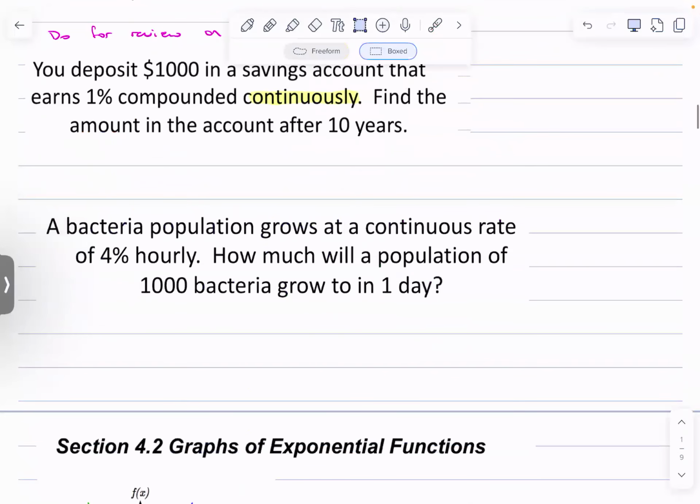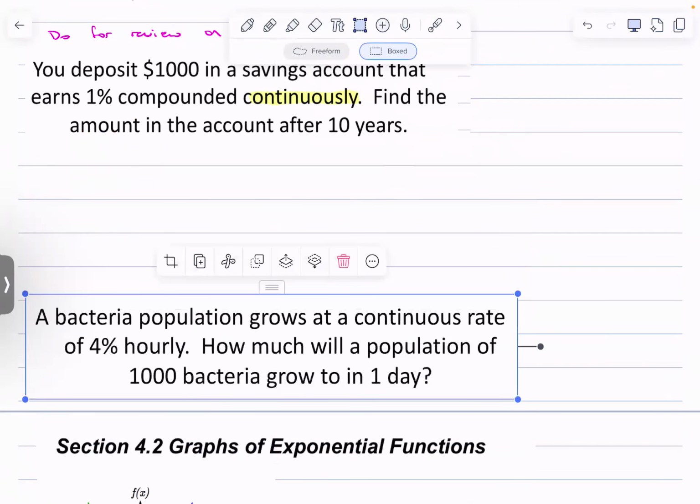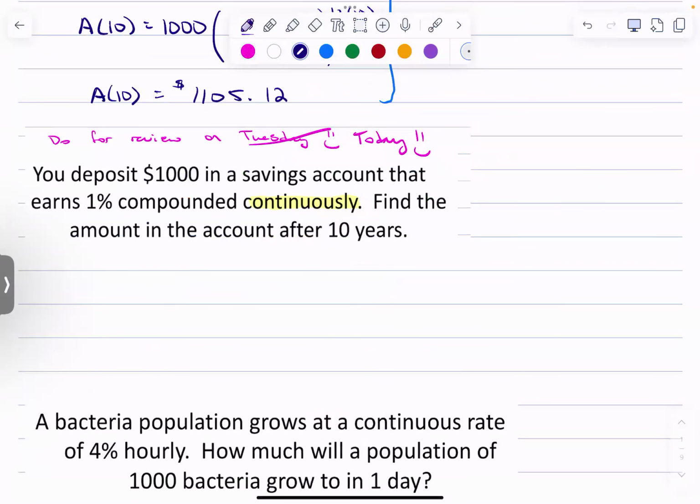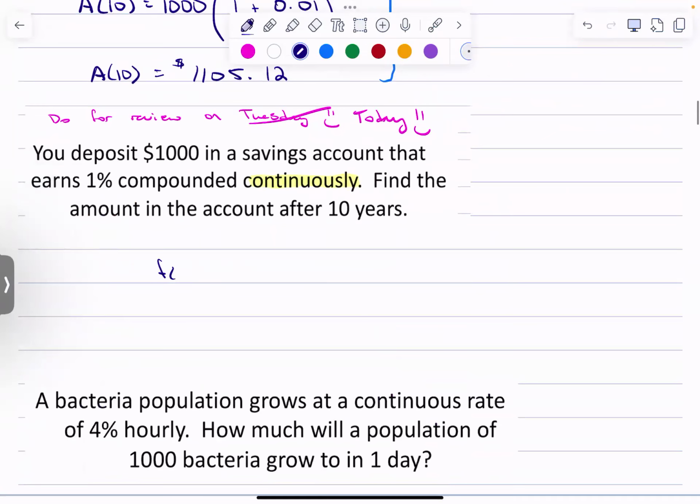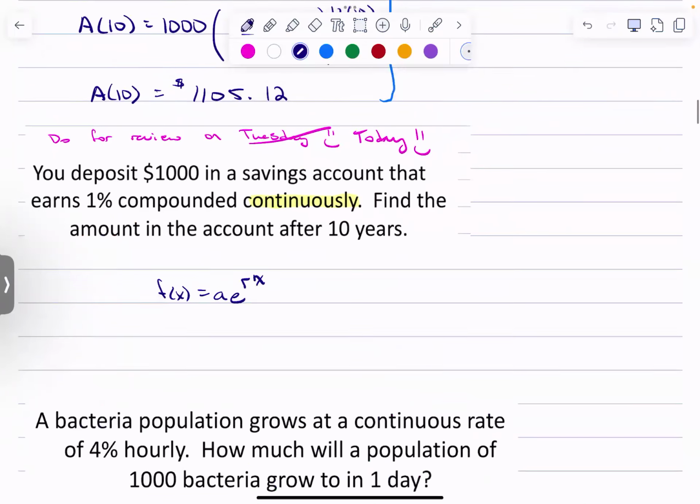Let me just bump this down. A e to the r times x.